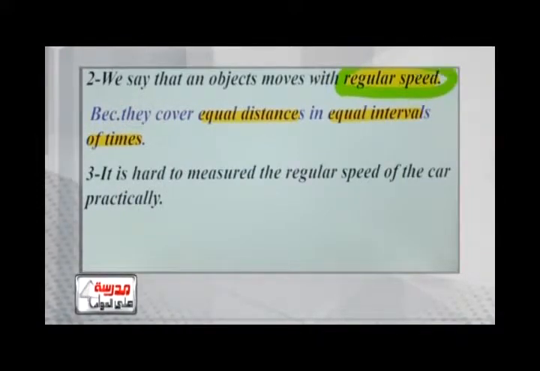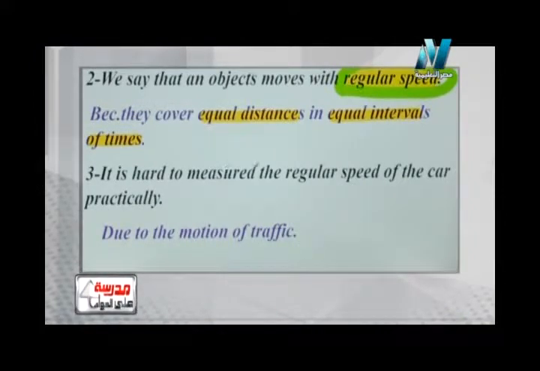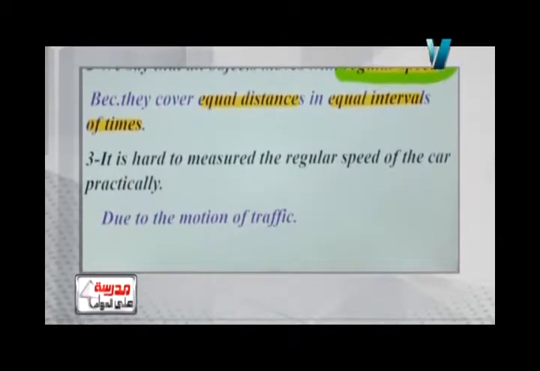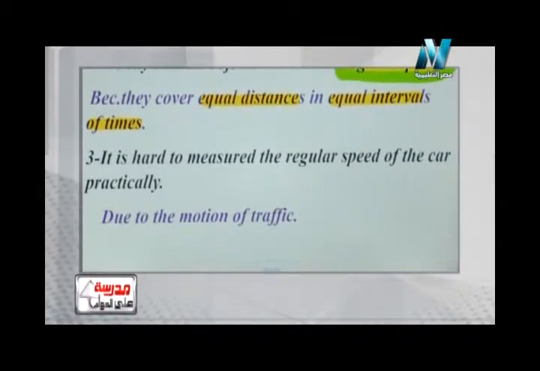Why? Because we depend on the traffic or the conditions of the traffic, أحوال الطريق, due to the motion of traffic. على حسب حركة المرور أو الطريق. So here we can't measure the regular speed, especially of the car, practically. We have a factor affecting the regular speed of the car, as we have the traffic motion.